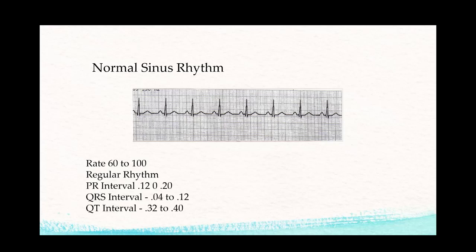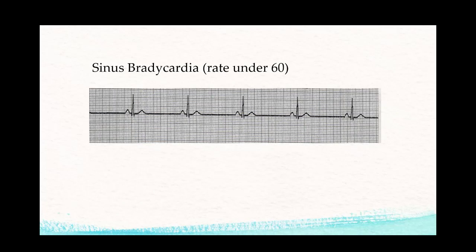Now, usually EKG strips are measured with calipers. We're not going to get very much into the actual measurements of complexes in this class, but I want you to be able to recognize the rhythms by glancing and looking at them. So this is a normal sinus rhythm, and that is all the normal features of it.